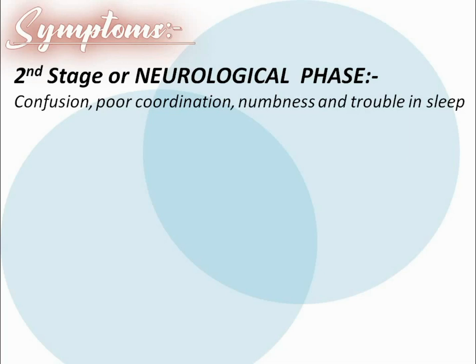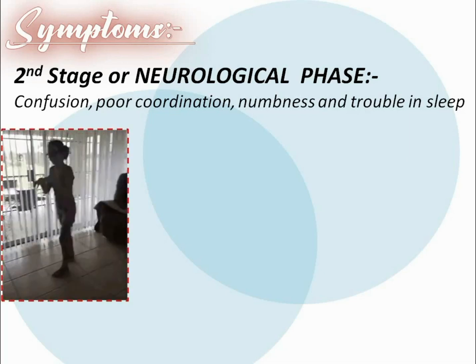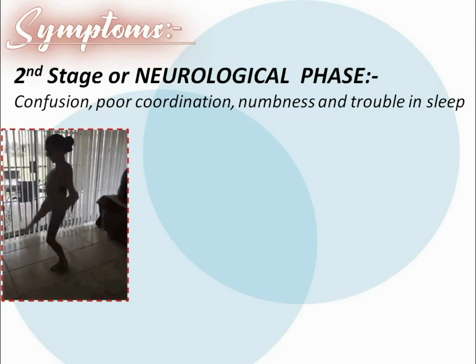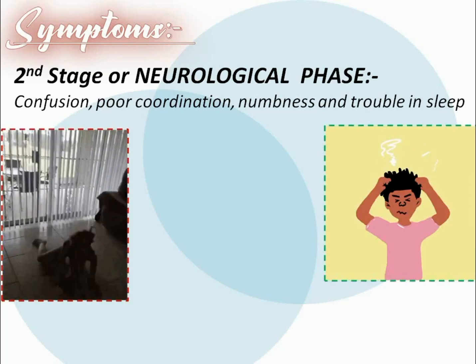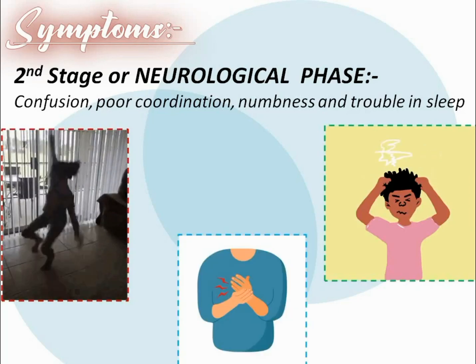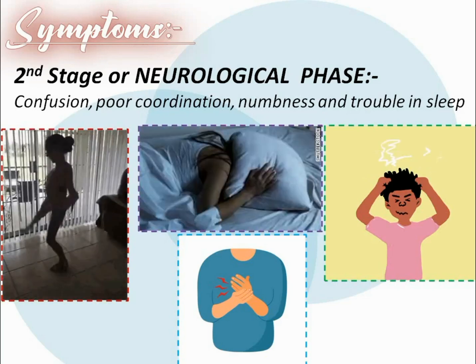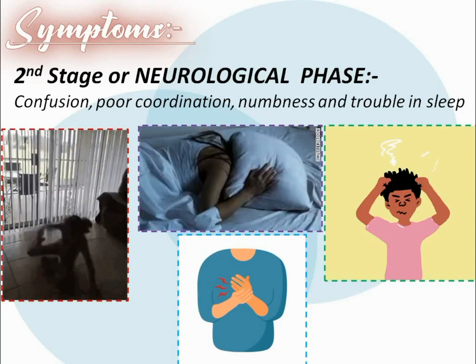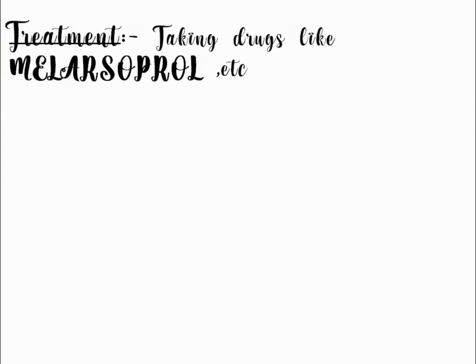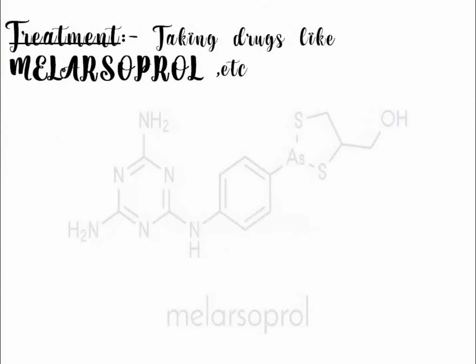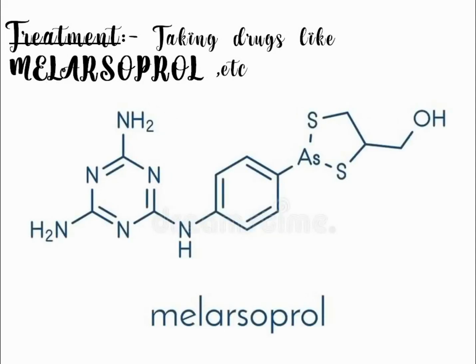So this leads to poor coordination, confusion, numbness, and trouble in sleep. So how do we treat it? By taking drugs like those for malaria and so on.